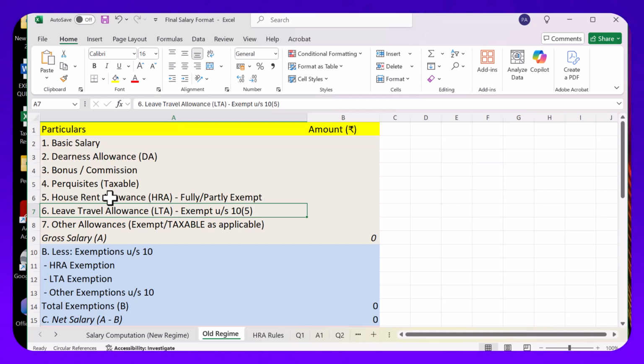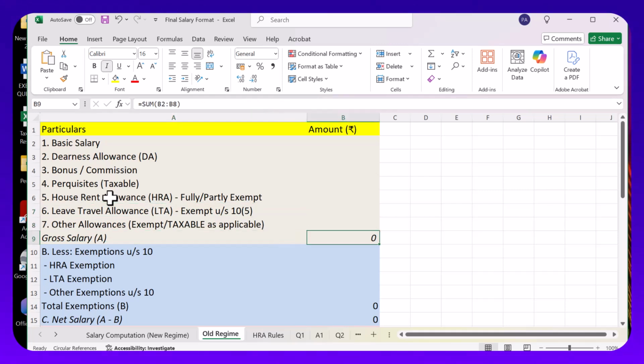If you submit your tickets, then in every 4 years, two times you are allowed. That means you will get LTA every year, but you can avail this exemption only for 2 of those years, not for all 4 years. So there is a rule for that. We are not touching the rule at the moment. I'm just telling you something about it.